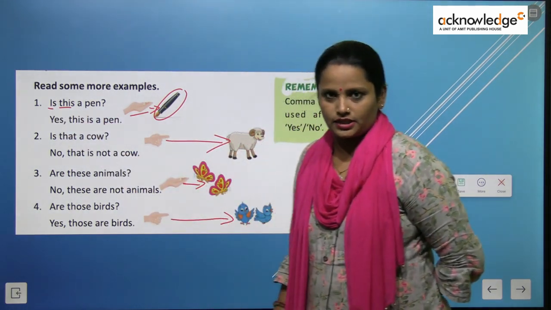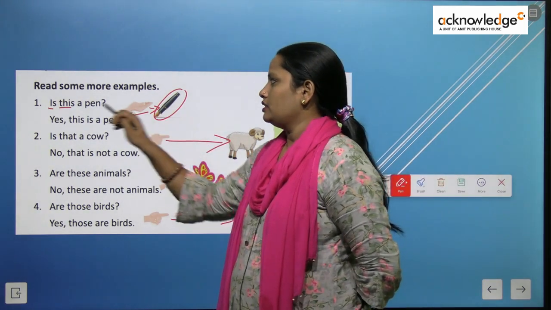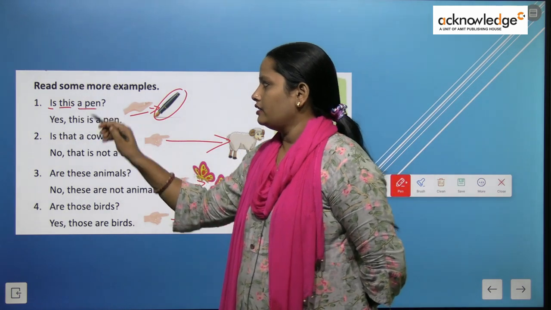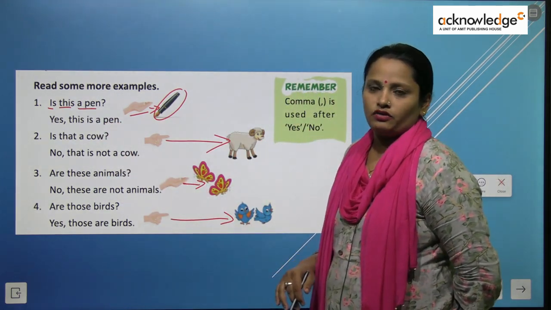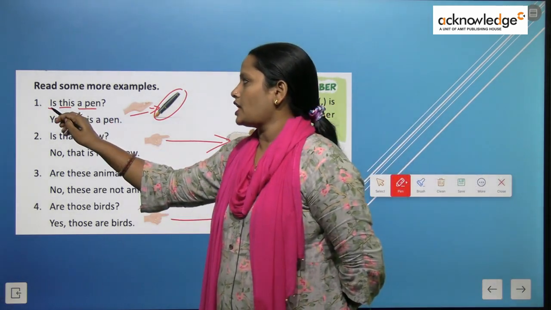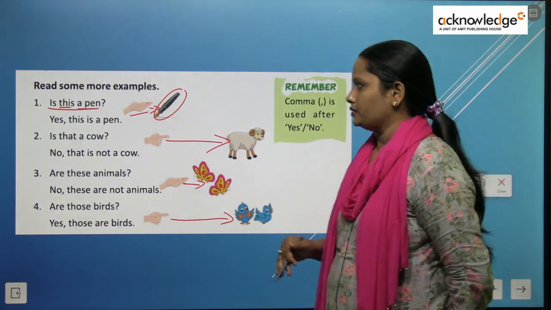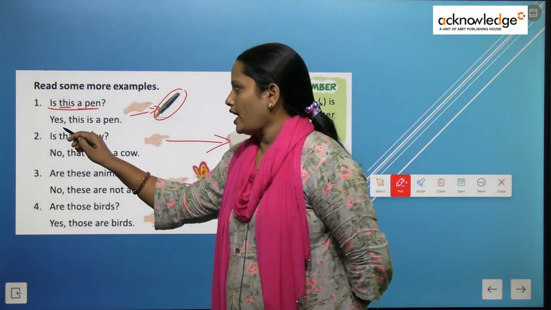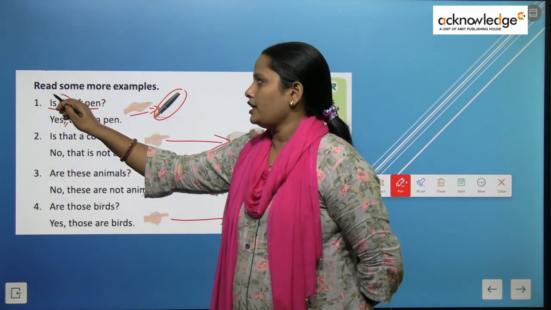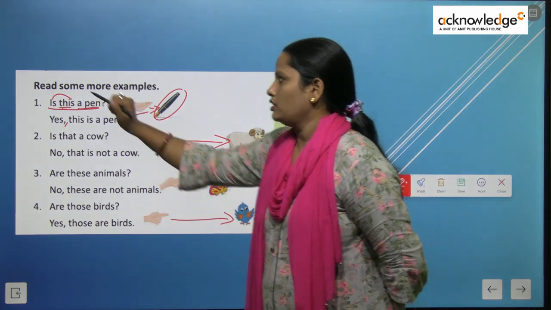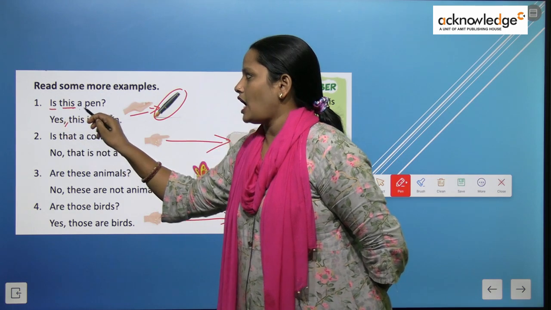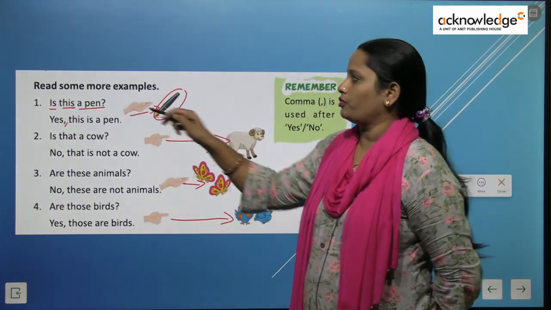After that we have pointed at the pen, so we have written this, and next a pen. We have already learned that with pen we use a. So this is our question: is this a pen? What is the answer? Yes, comma, this is a pen. We are going to make the answer from the question only.